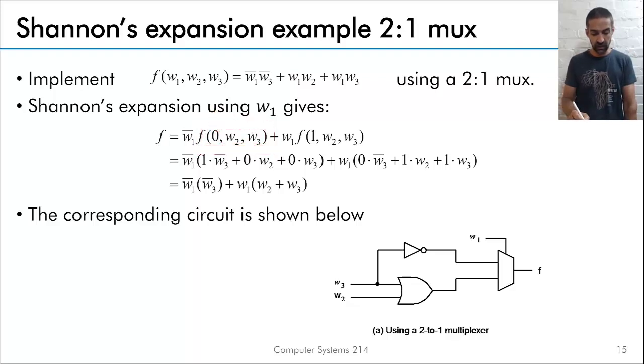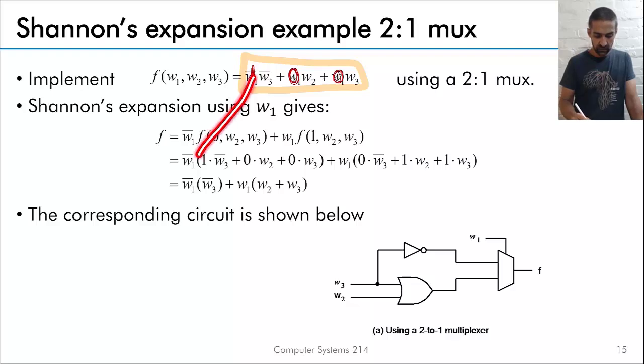So let's look at how that really looks. If you take this whole thing and rewrite it, but every time you had W1 you replace it with 0, then this turns into a 1, this turns into a 0, and this turns into a 0, and that's what's going on here. So there's a 1 here, a 0 here, and a 0 here.